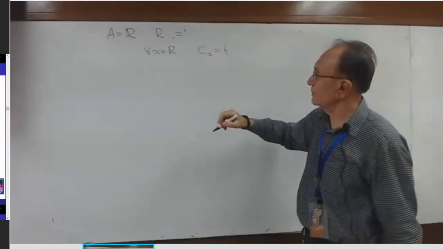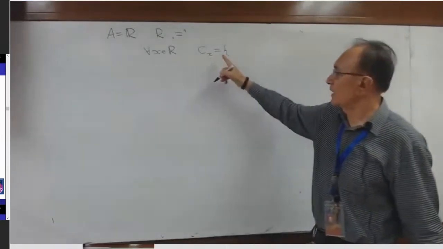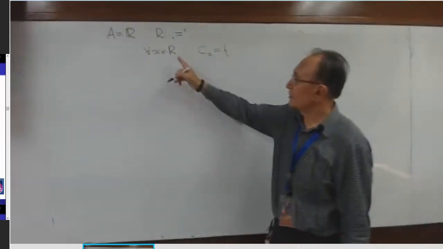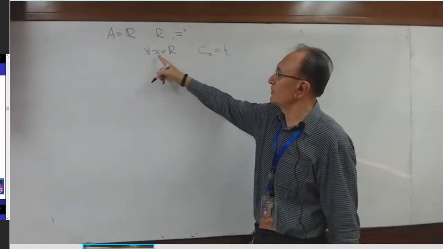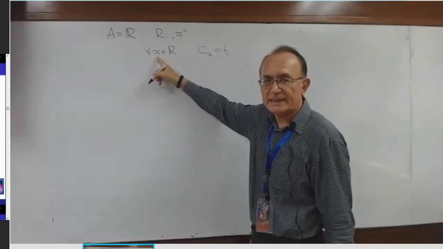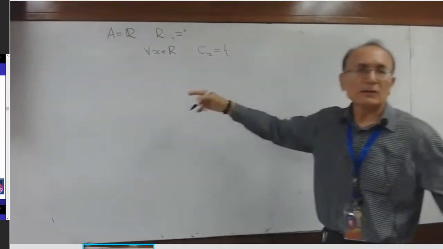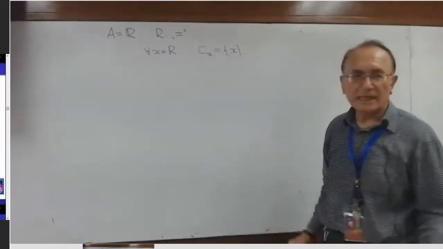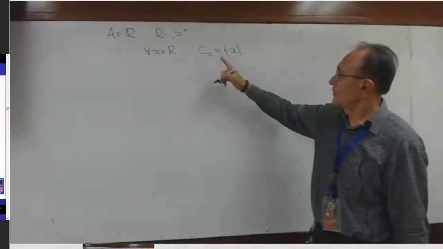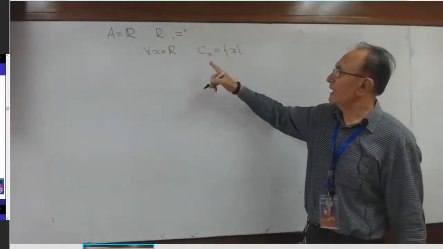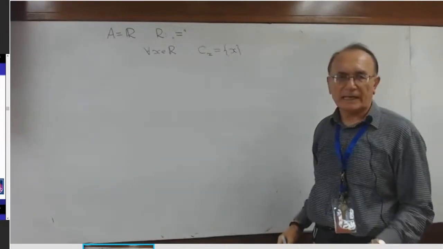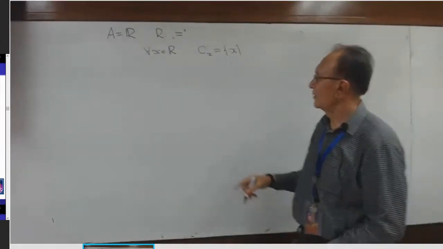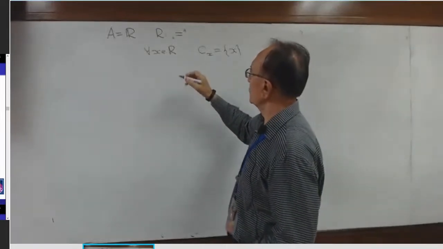Which elements of R are equivalent to x? Which elements of R are equal to x? Only x itself. Nothing else. So the equivalence class consists of only x, a single point set.